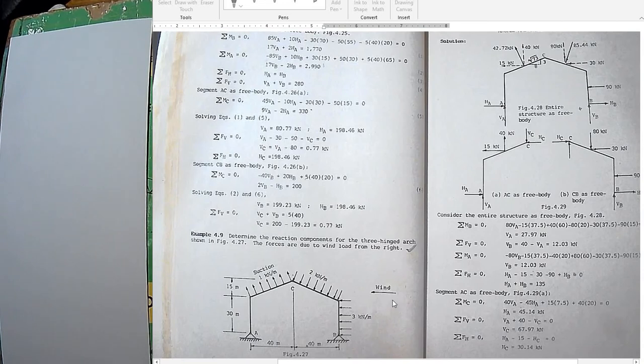So merong wind dito, ano? Ang wind is pressure. Tapos pressure din siya dito sa windward side, and then sa leeward side naman, ibig sabihin ng leeward, yung wind paalis na, no? Meron tayong suction. So, you have to convert these uniform loads into concentrated loads.